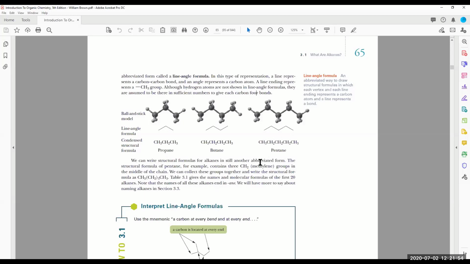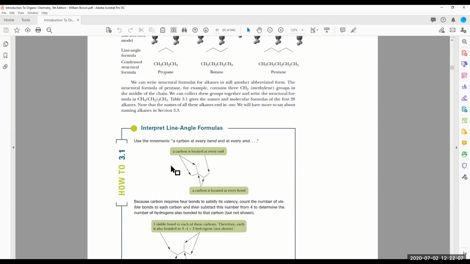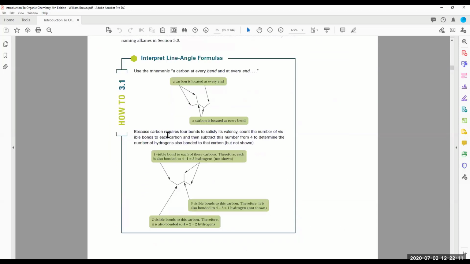That's fine, but notice that we don't specify the hydrogen atoms in the line angle formula, just the carbon chain. So we can use the following rules to determine the number of hydrogens bound to each carbon.